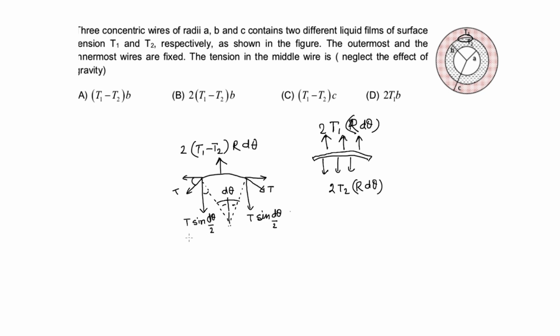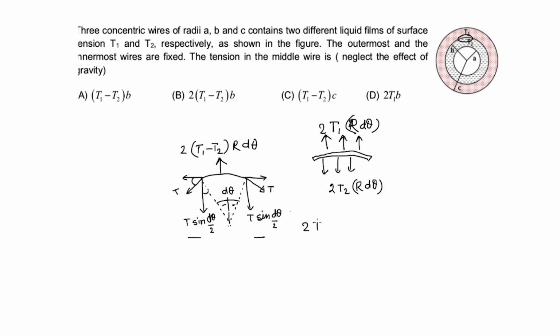Now I can balance this tension force with this, and again we will use the small theta approximation. So it is T sine d theta by 2, as theta is small, d theta is small, we can say it is only d theta by 2.